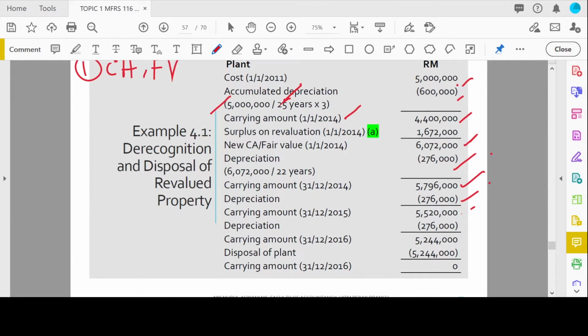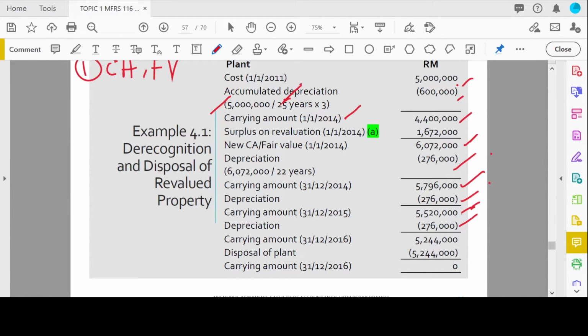Since the asset is going to be disposed at the end of the year, for that 1 year starting from 1st January to 31st December, we are going to provide a depreciation. So that's why here we provide depreciation for year 2016. And then on the same date, 31st December 2016, the asset was disposed.